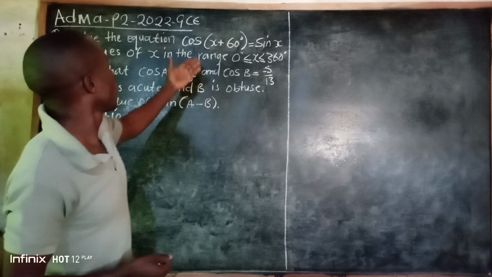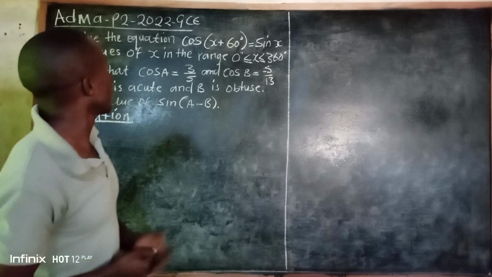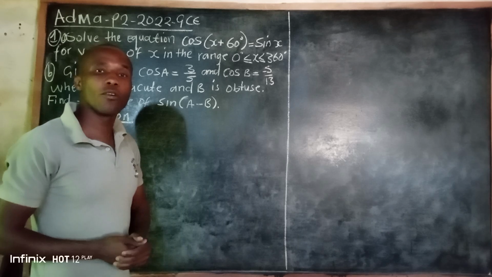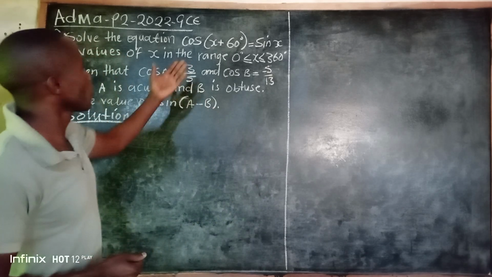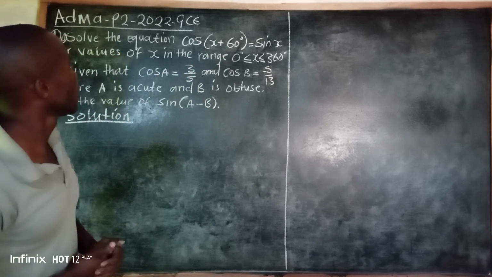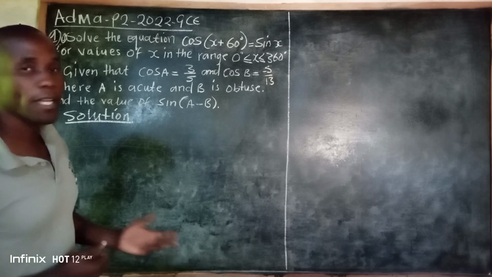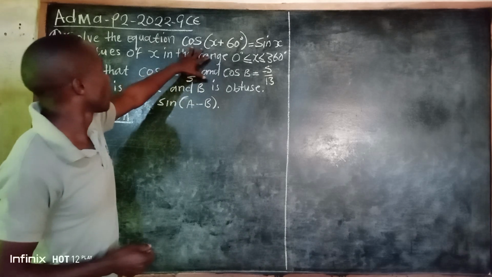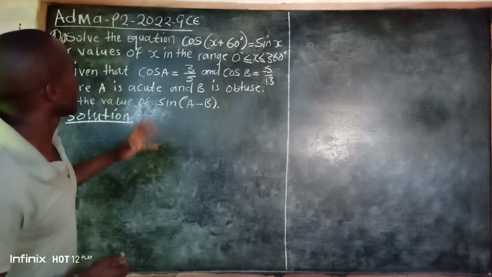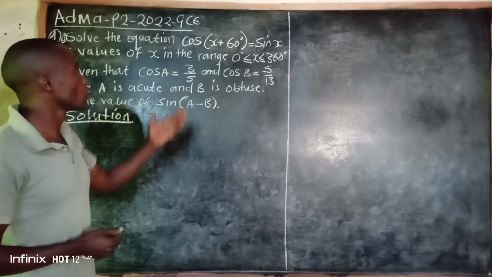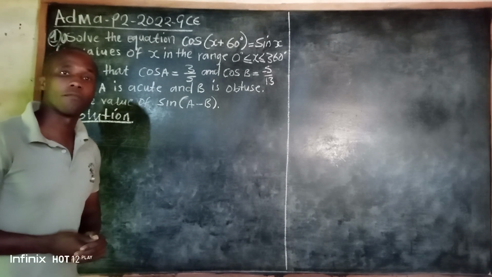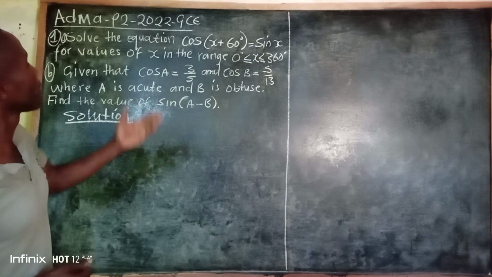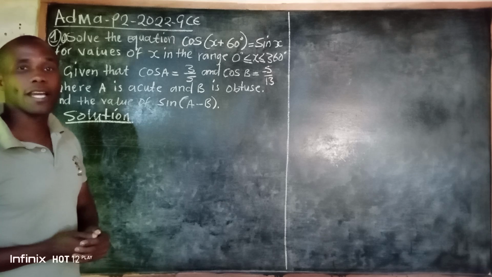In trig, at A level, we have what are known as addition formulas, double angles, and half angles. Double and half angles are called multiple angles. Those are the ideas you should have to work out this type of problem. Without knowing that, you cannot go any further to answer this kind of question.